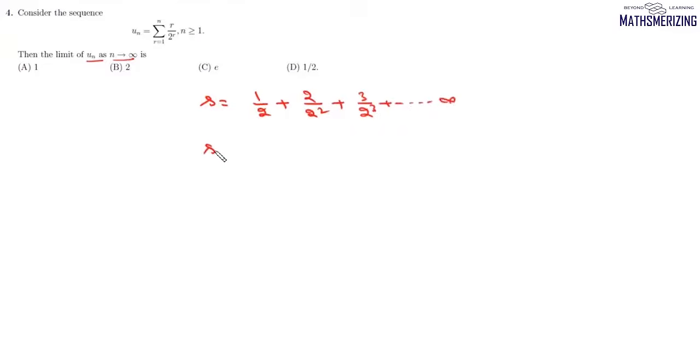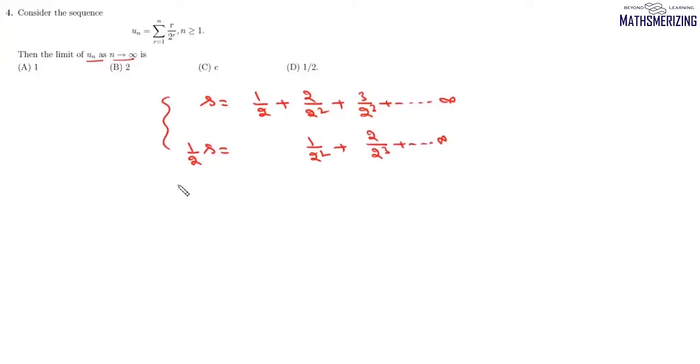Now we'll again write the sequence by shifting one term, and we'll multiply it with 1 by 2. So here it will be 1 upon 2 square, here will be 2 upon 2 cube, up to infinity.